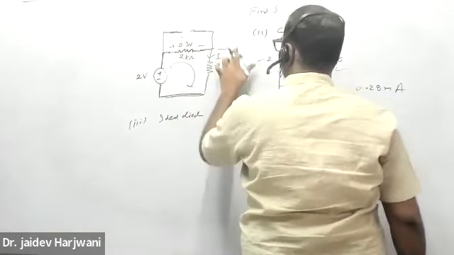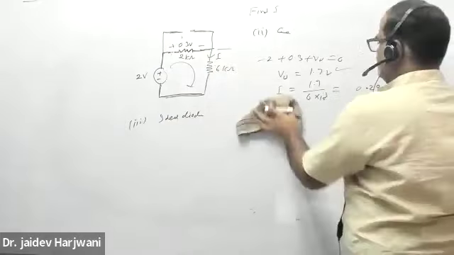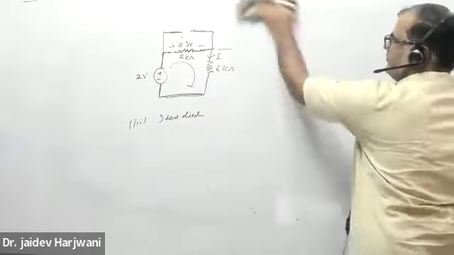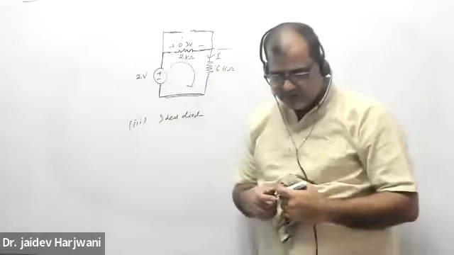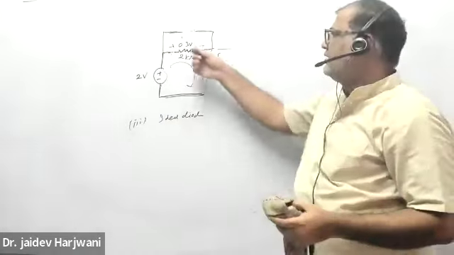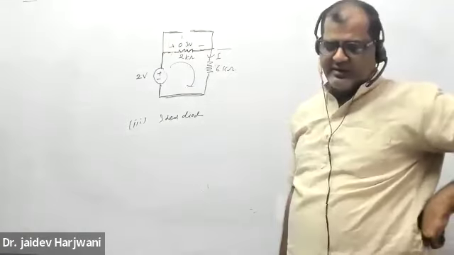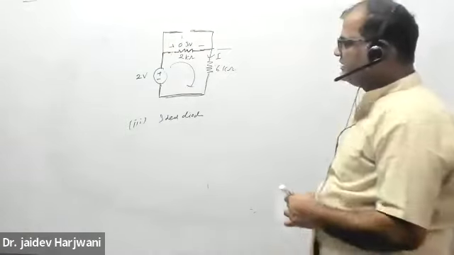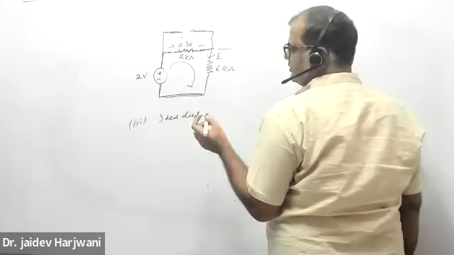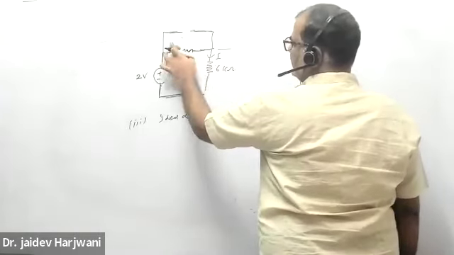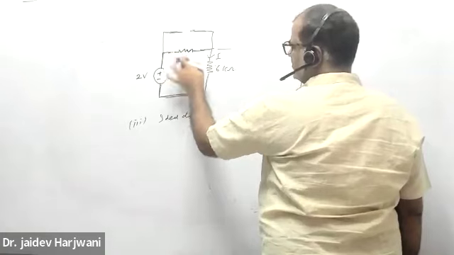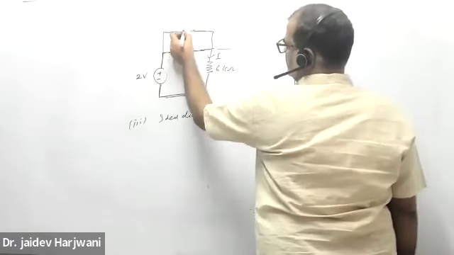Tell me. If I replace it by an ideal diode, will the ideal diode conduct or will it be in cut off operation? Sir, it will conduct. Conduct means it will be replaced by what? Ideal diode will be replaced by what? Short circuit.